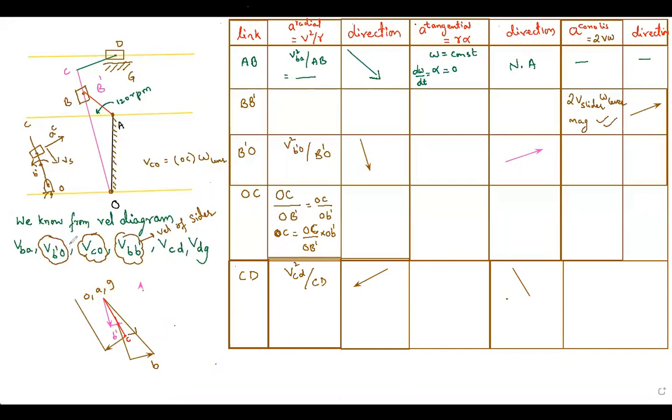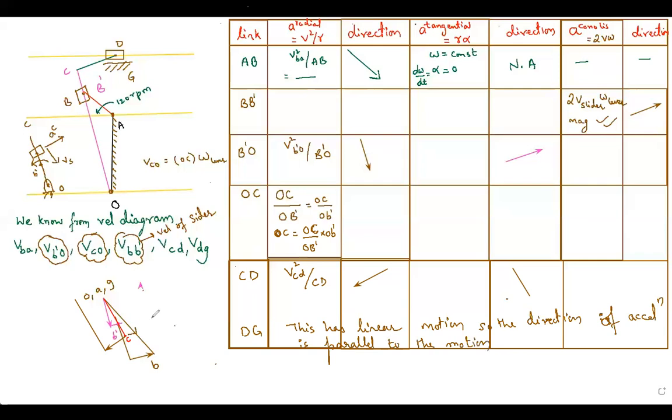Now go to the next link. We know that somewhere on this link you have the point D. So now go to DG, D with respect to G. It is having a linear motion. This is also entirely a different case. Okay, this has linear motion. So the direction of acceleration is parallel to the motion.